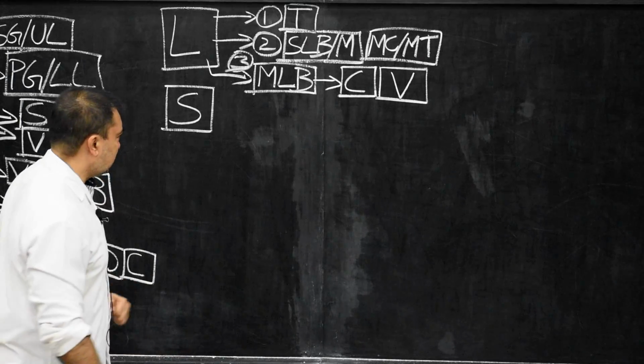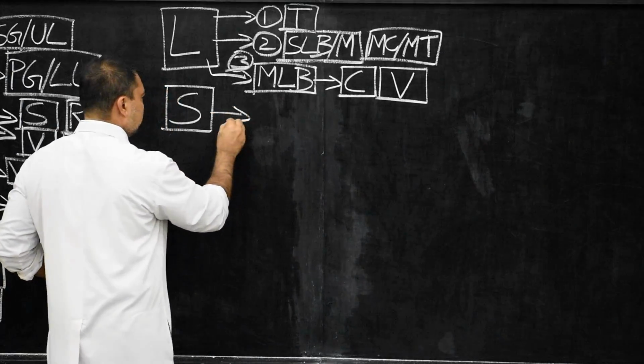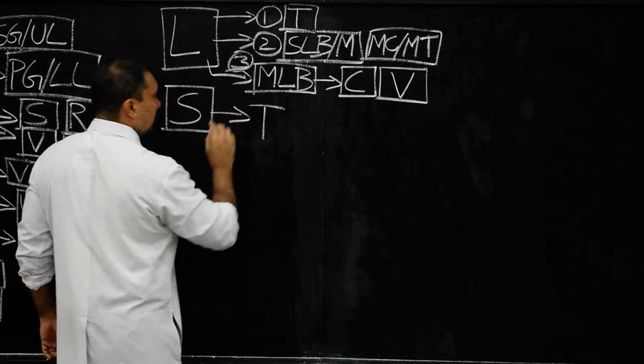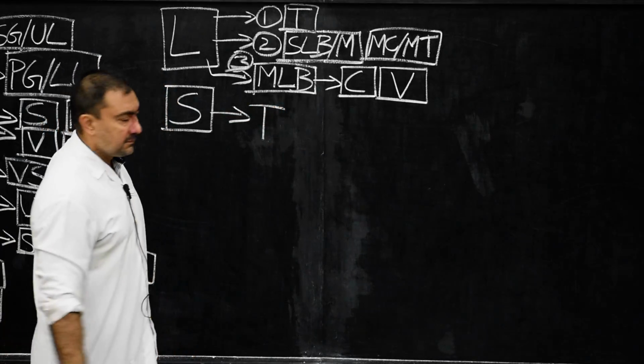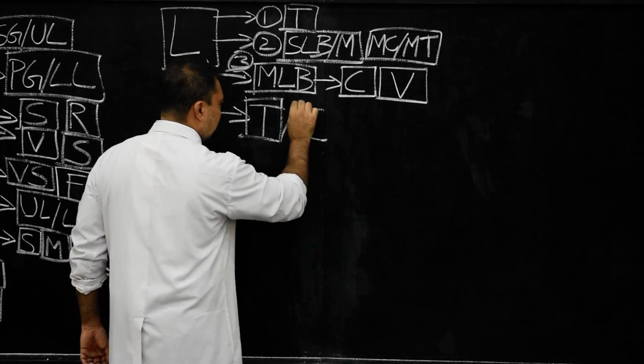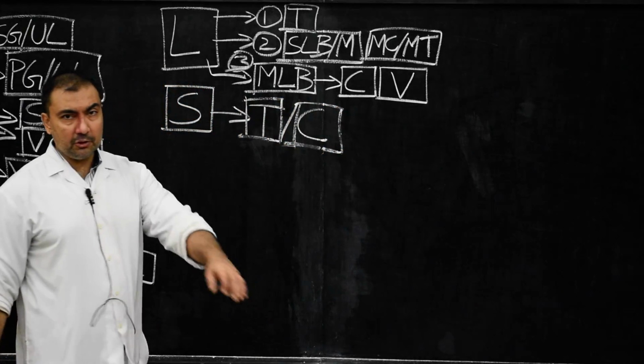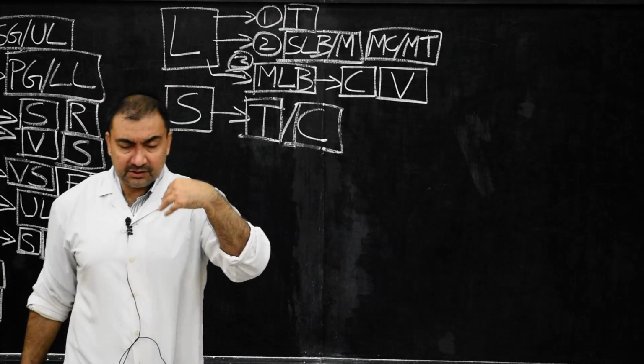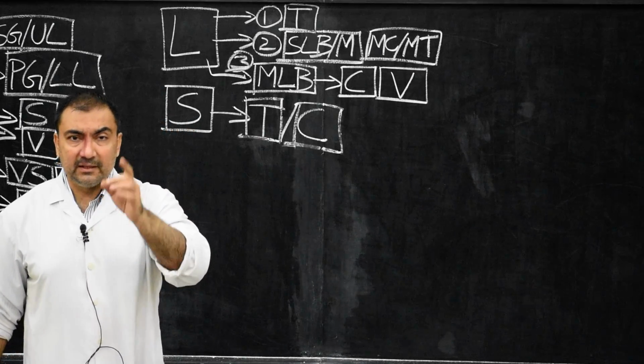Therefore, examples of short bones are all the tarsal bones and carpal bones. So all the tarsal and carpal bones are called short bones, and they will start their ossification after birth.